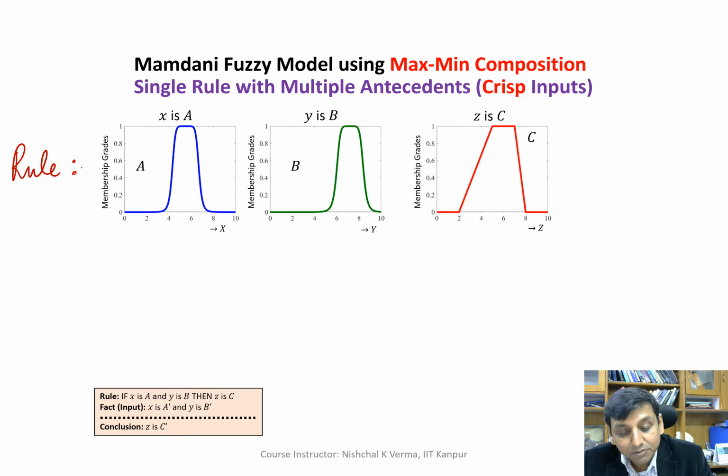Here we have two antecedents: this is the first antecedent, the second antecedent, and here we have the output.